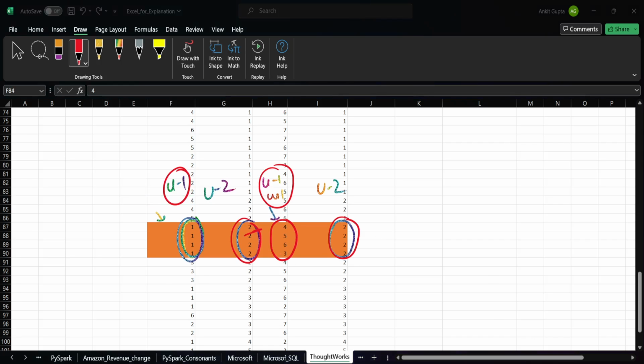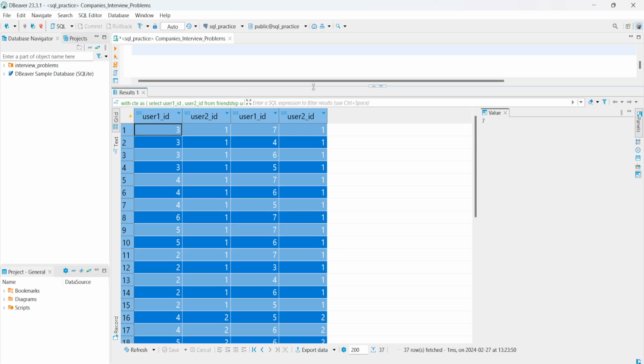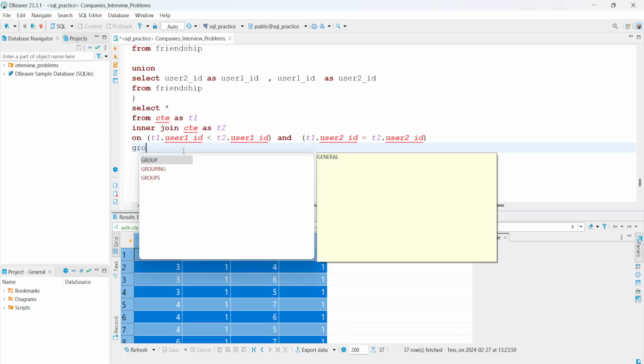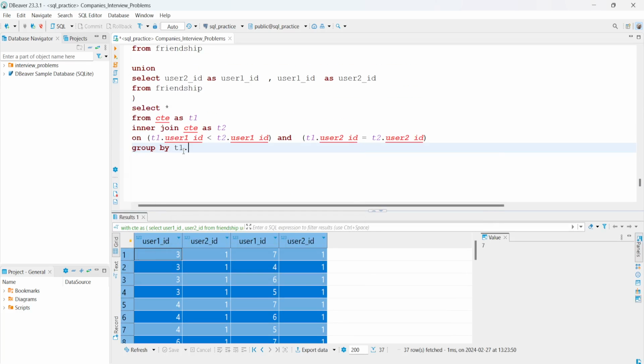So basically the next step will be just to group by on these two columns to get our final answer, right? So we can just write group by t1 dot user 1 ID, comma t2 dot user 1 ID, right? And we can just have it here, right?